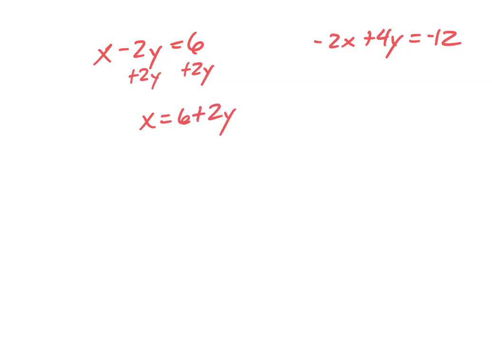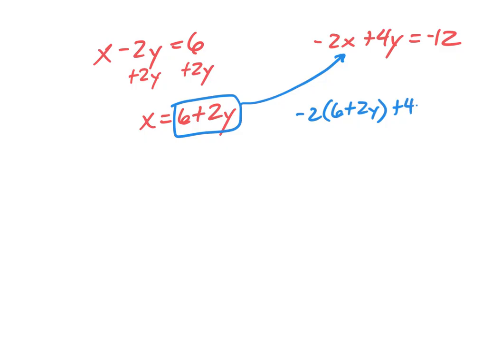So we get x equals 6 plus 2y. This is going to go in for x. We're going to distribute.